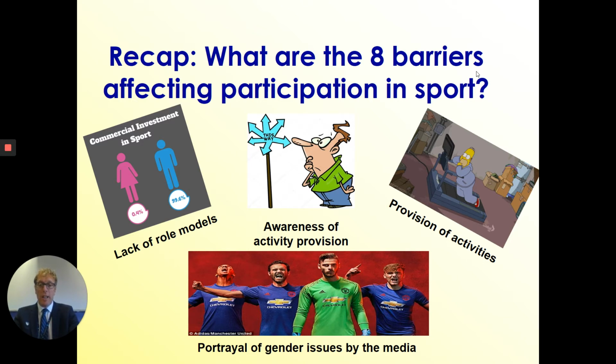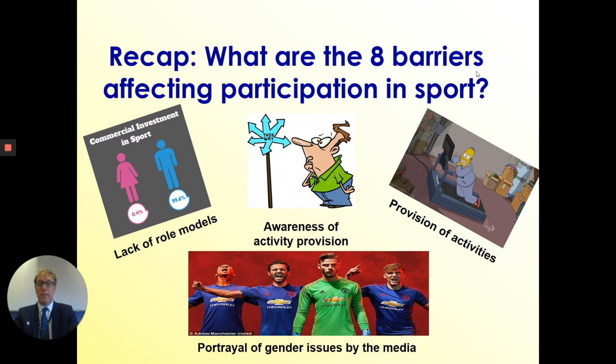And the final thing we've got there is the portrayal of gender issues, mainly by the media. What we mean by that is, it's sometimes a barrier for someone taking part. Let's say one of the boys in the group might want to take part in netball. It's seen as a female-dominated sport, therefore you might be reluctant. It might be a barrier to prevent you taking part in that sport.